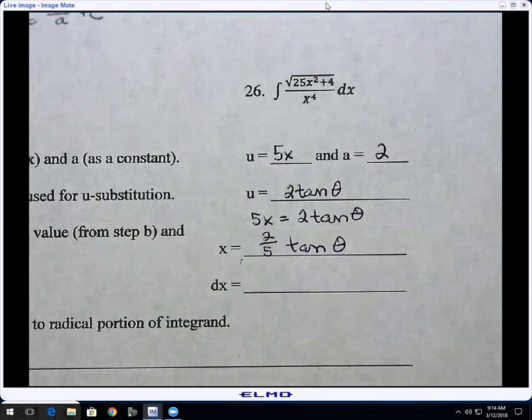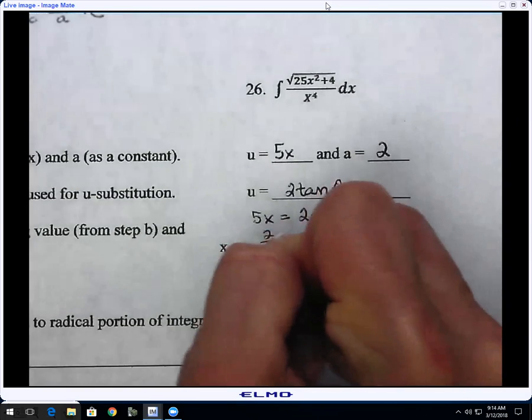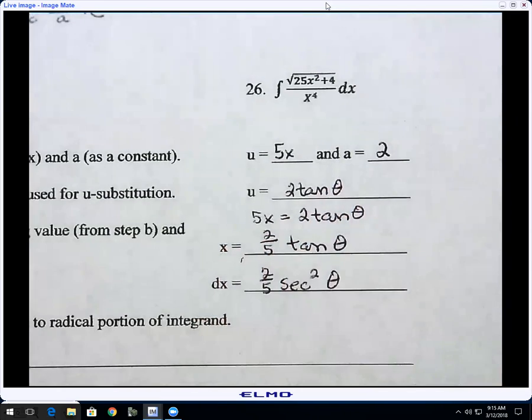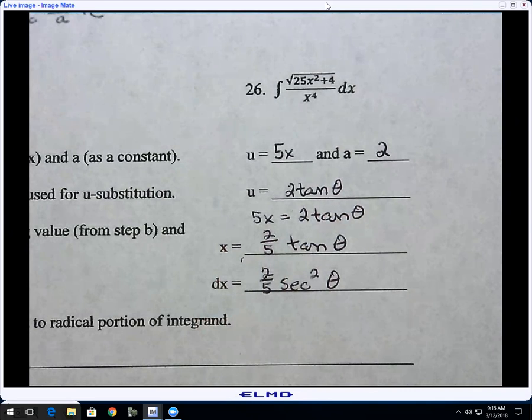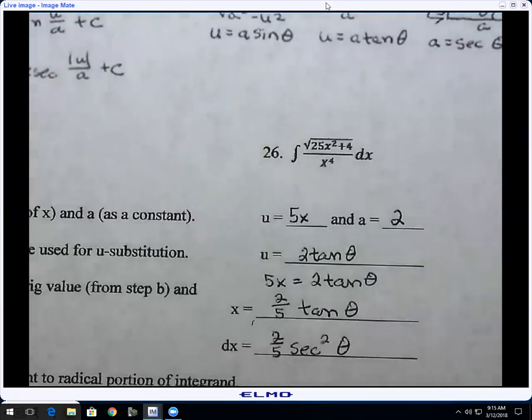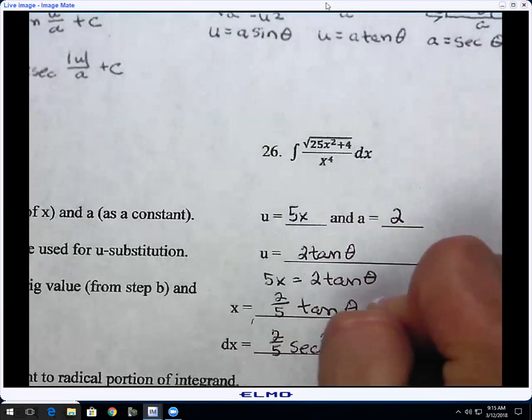And if that's what x is, what is dx? 2/5 secant squared theta d theta. Oh, yes, thank you, d theta. Gotta have that.